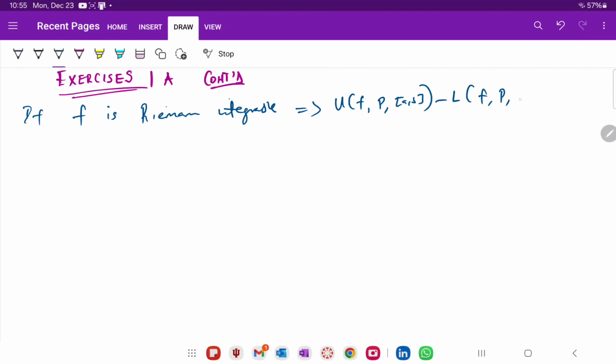The difference between the upper Riemann sum and the lower Riemann sum is less than epsilon. So let's go straight to the next question.